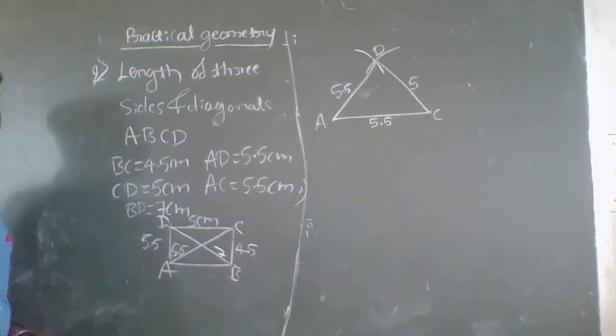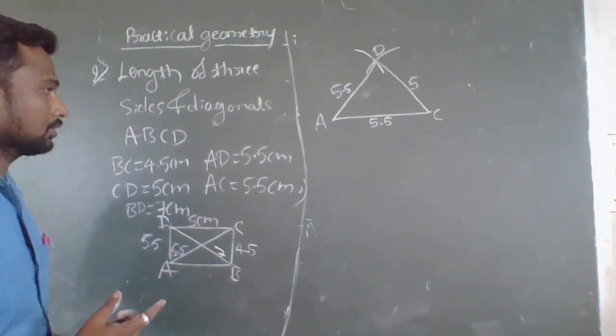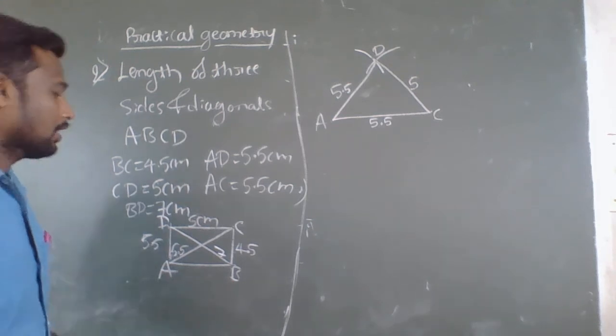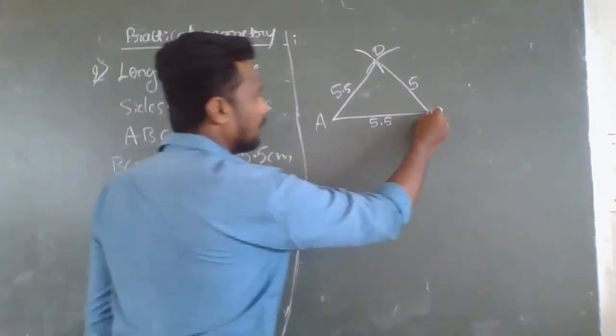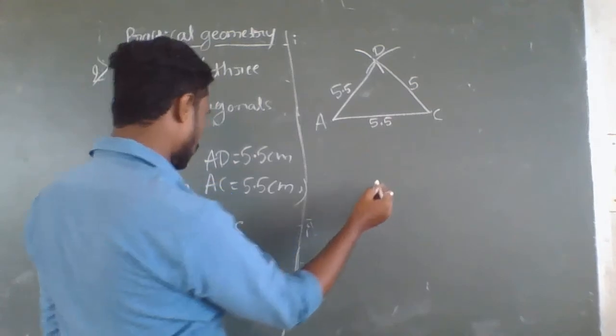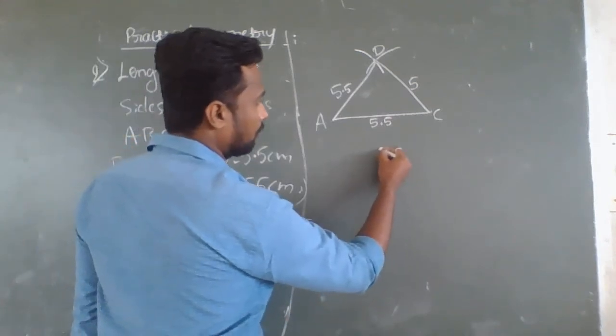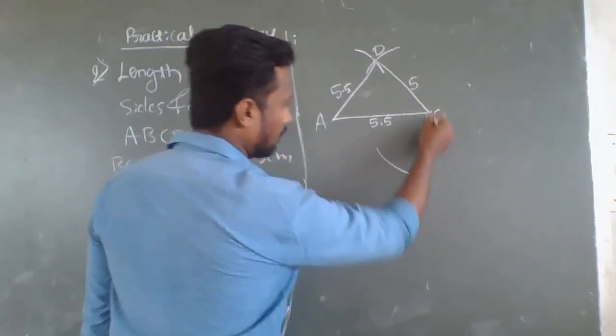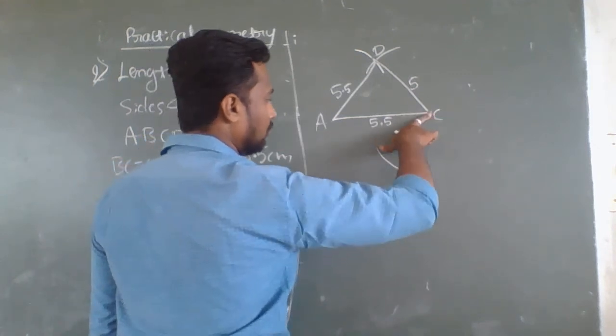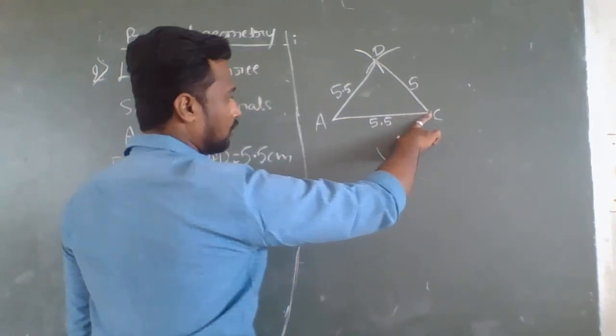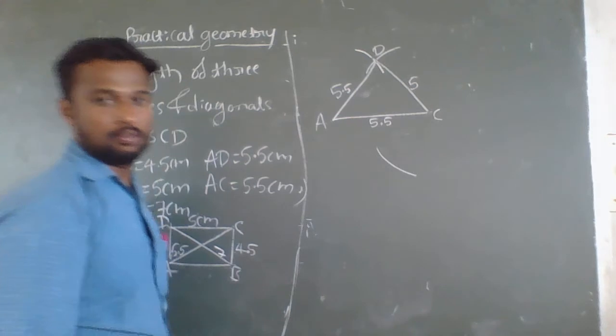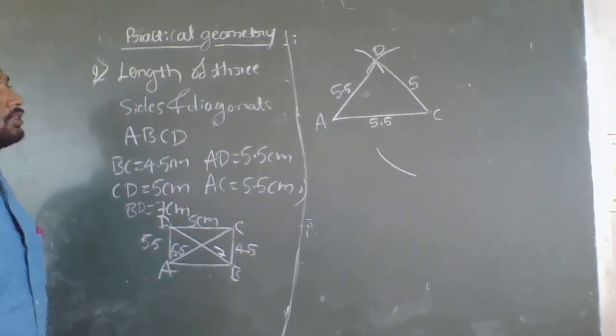So take a length of 4.5 centimeters in your compass, place the needle on point C and draw an arc of 4.5 centimeters. So here from point C to point B, a 4.5 centimeter arc by using compass.